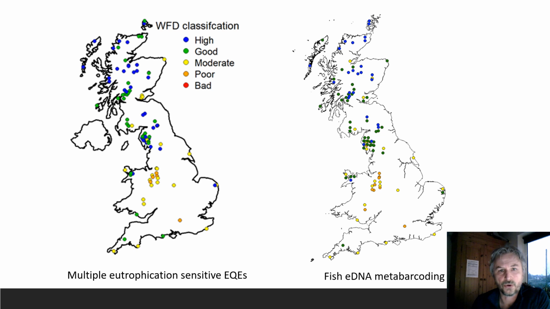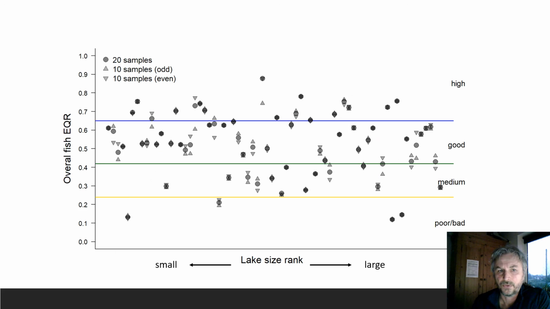The figure here shows this comparison on a map for the classification of lakes based on the eutrophication-sensitive BQEs on the left-hand side, and that based on fish eDNA on the right. We also had a look at the sensitivity of this metric to sampling effort. For this, we used again our 10-sample subsets.